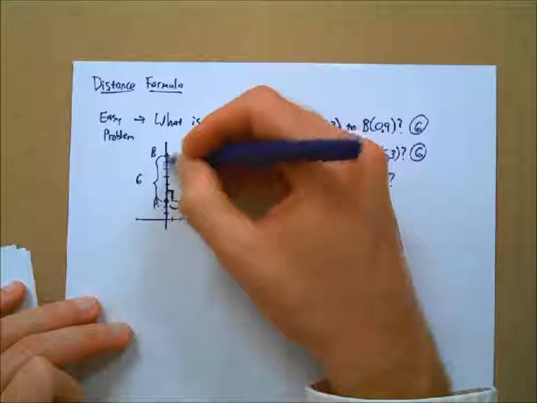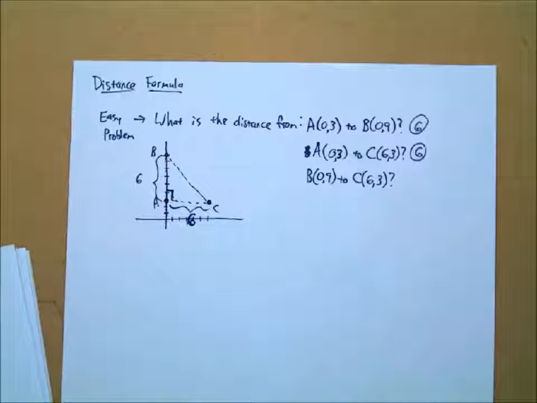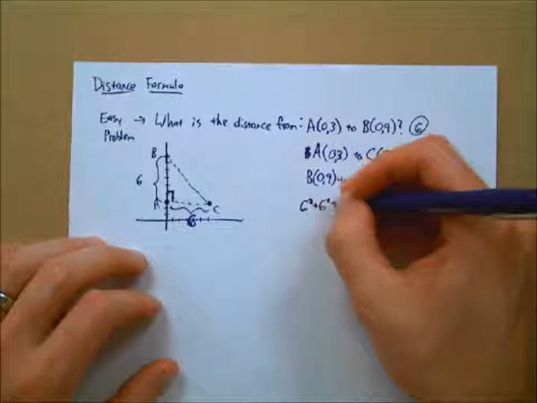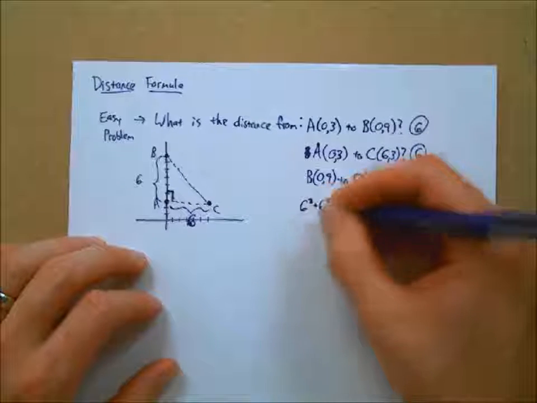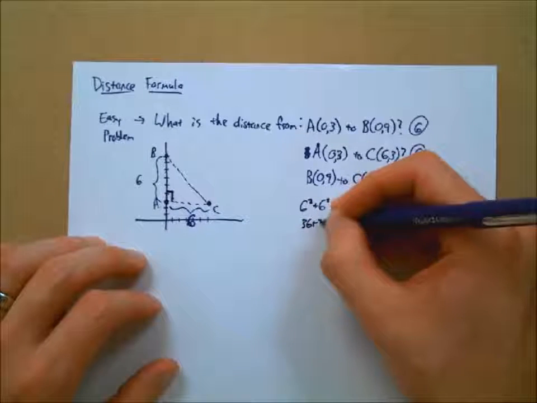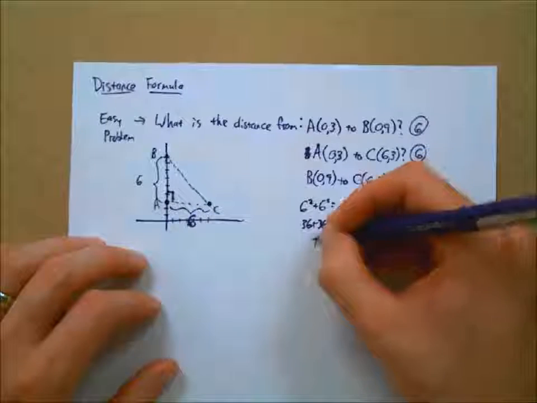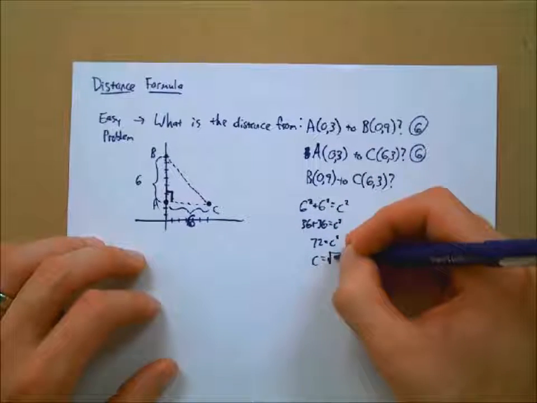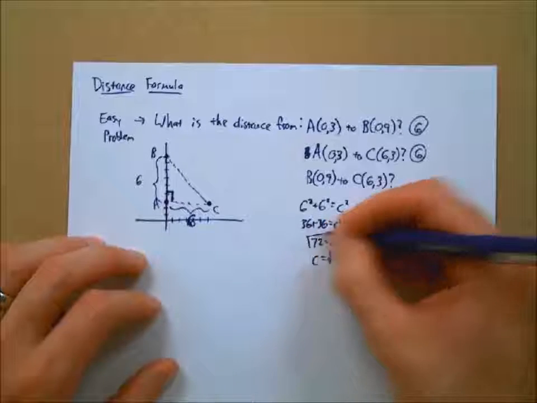So it's going to be 6 squared plus 6 squared equals, and we'll call that c squared. So it's 36 plus 36, which is c squared, so we get 72. And so c is the square root of 72.